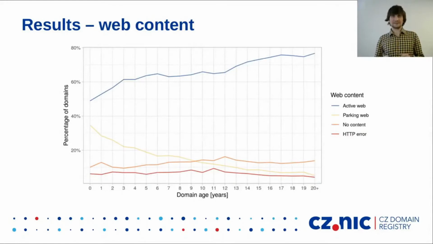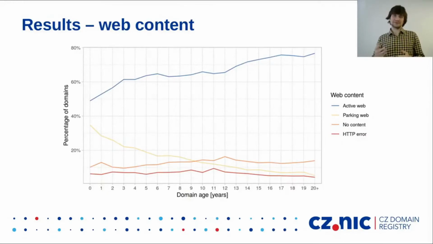And we did analysis of correlation between the classification result and domain age. We can see this analysis on the chart. An interesting trend can be observed: older domains were more likely to host a non-parking website.